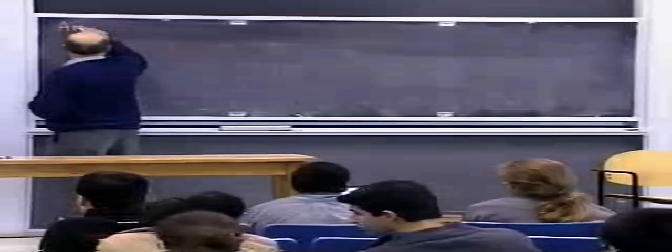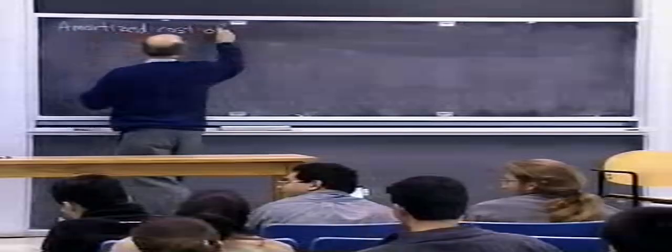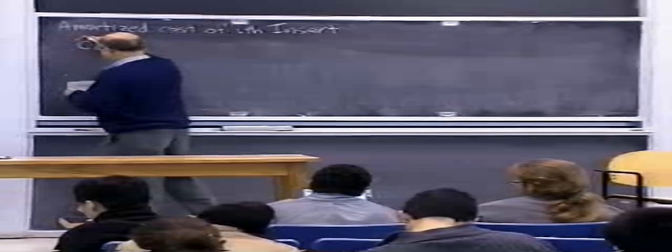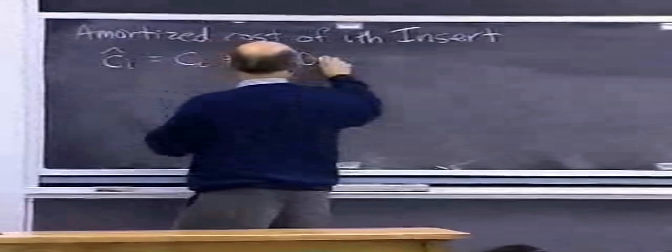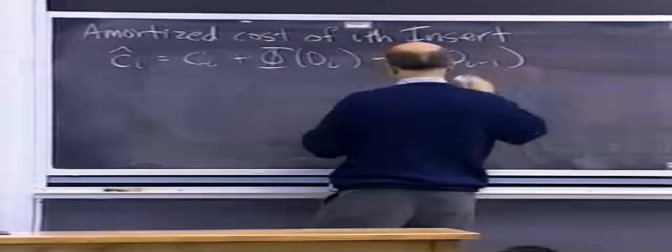Okay. So amortized cost of the ith insert. So ĉi is ci plus phi of Di minus phi of D sub i minus 1.